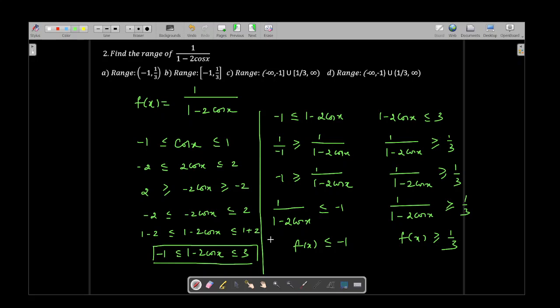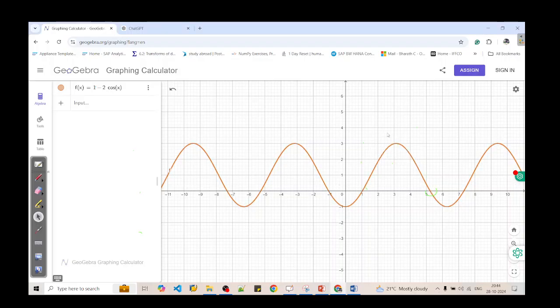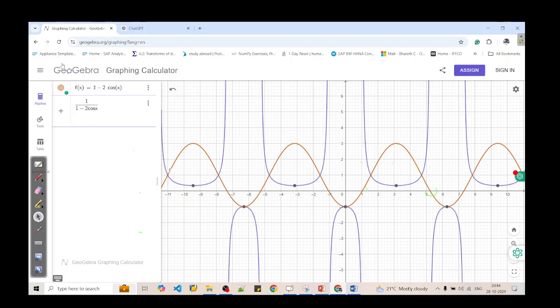So how to comprehend this, how to understand this, and how to come to a conclusion. To understand this, let's go to the graph plotter. So I plot one more plot here, which is 1 over 1 minus 2 cos x. So you can see here, it looks a little complex, but it is easy if we go through it properly.